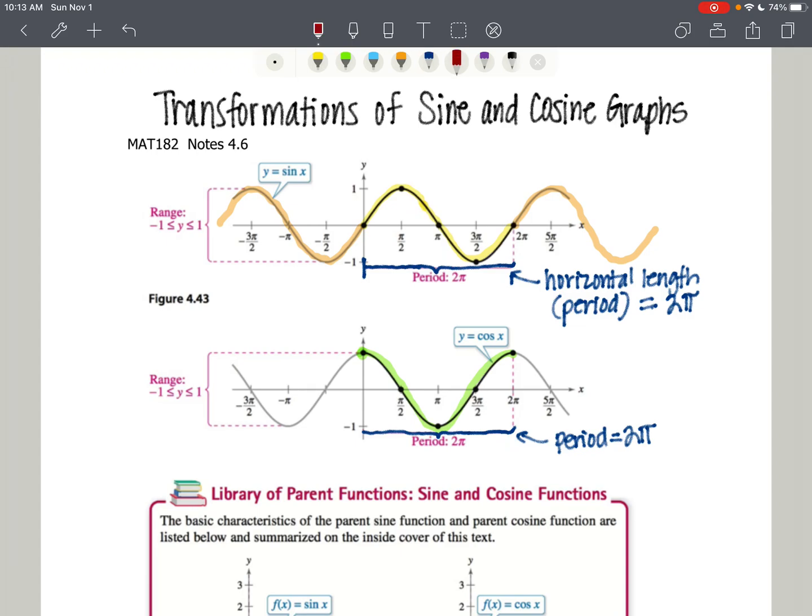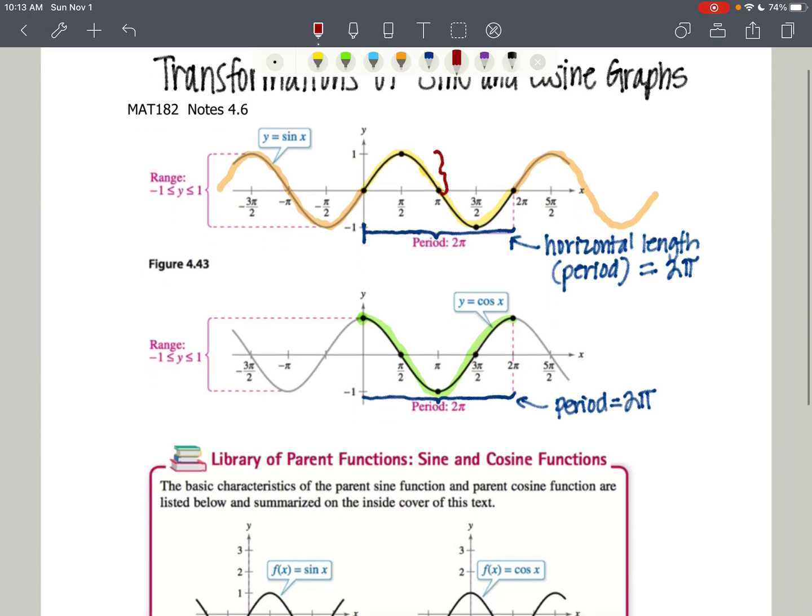We're also going to talk about the amplitude, and the amplitude is the length from the midline. So let's identify that midline. So in purple, I'm going to identify the midline. The amplitude is the length, the distance from the midline to the max.